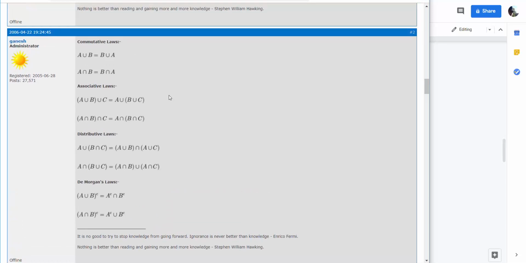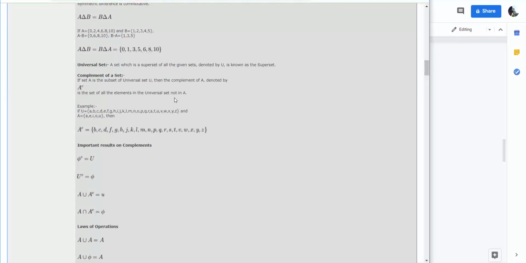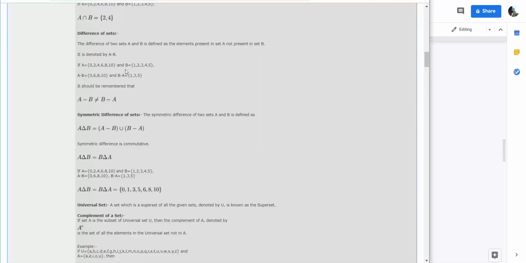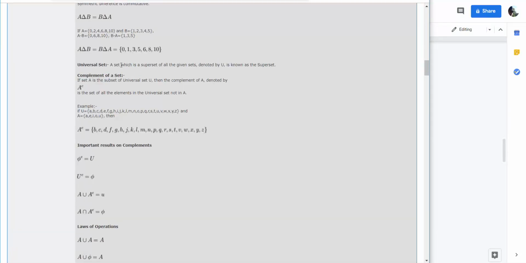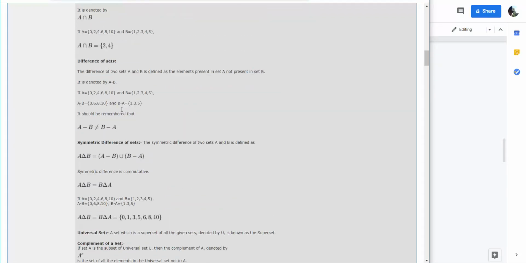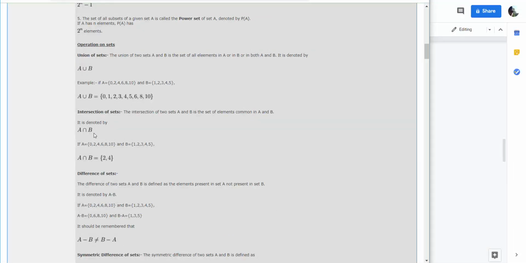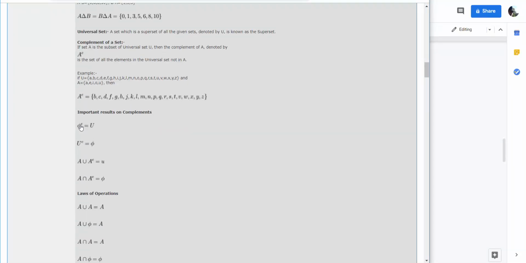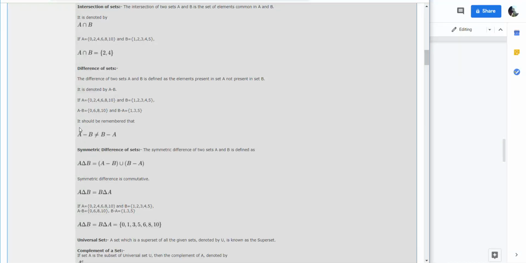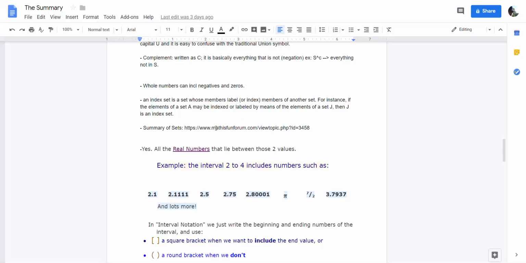It included most of the terminologies we were introduced to, so we will be sticking to these terms. For example, this is the intersection, this is the complement, and this is the subtraction. Let's go back to the notes to quickly recap and then revisit the important bits.